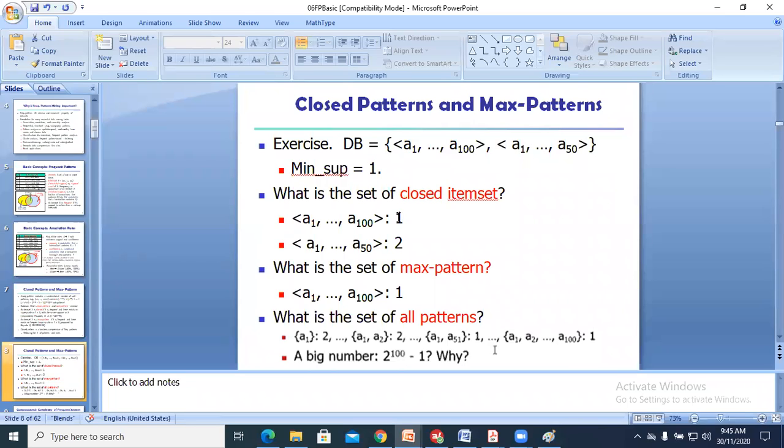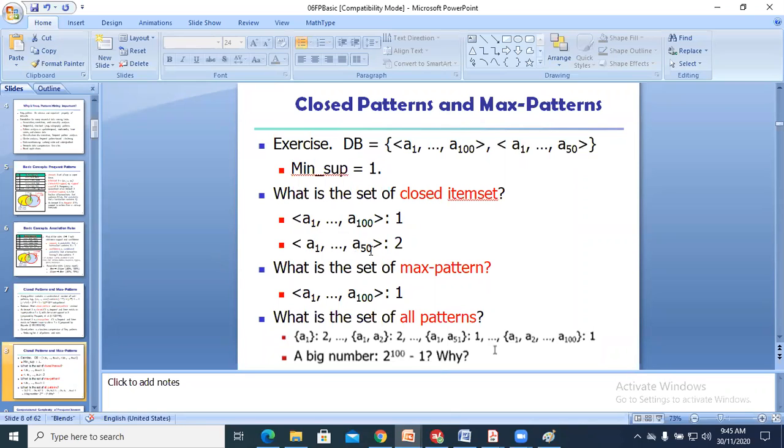So we will have this support 1, and A1 to A50 is also a subset of this first transaction. So A1 to A50 is in transaction 1 and in transaction 2.